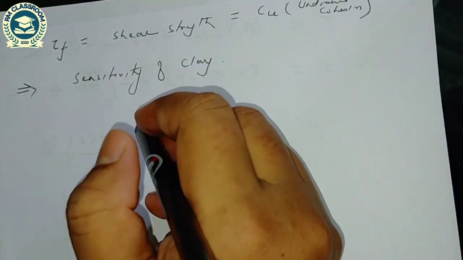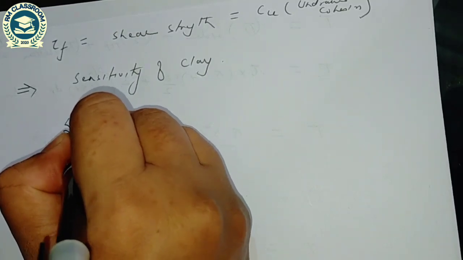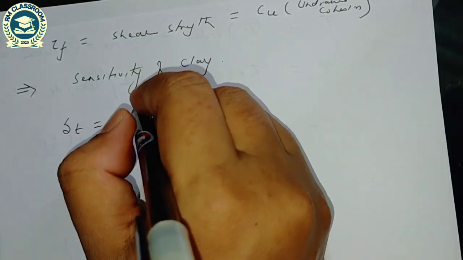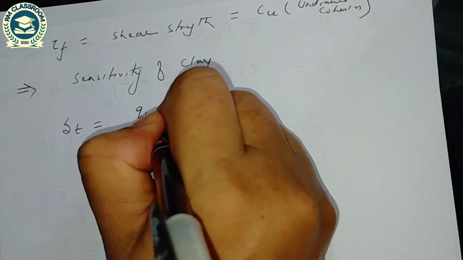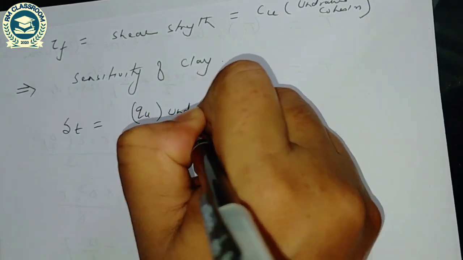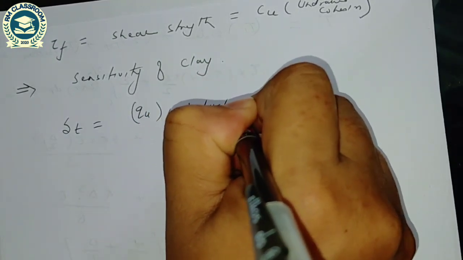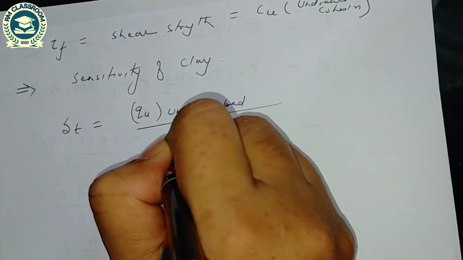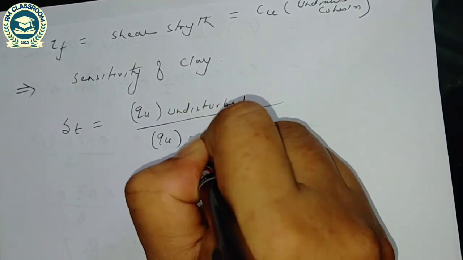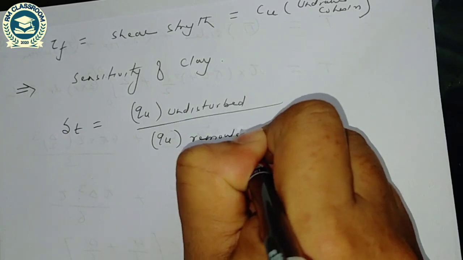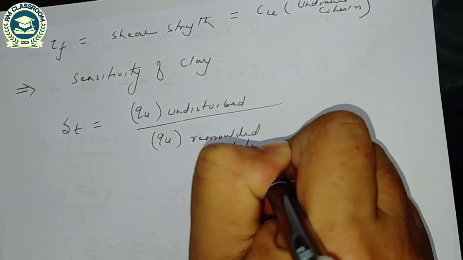This is defined for clay, and we know that sensitivity is the ratio of unconfined compressive strength in undisturbed state divided by unconfined compressive strength in remoulded state.